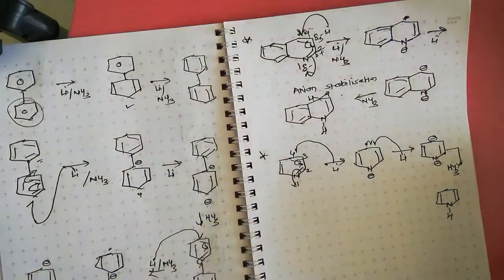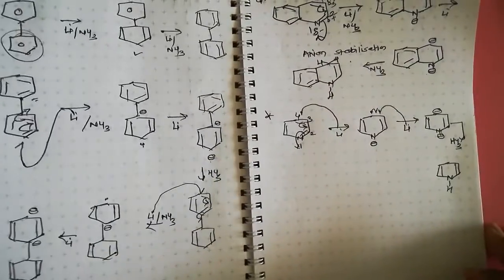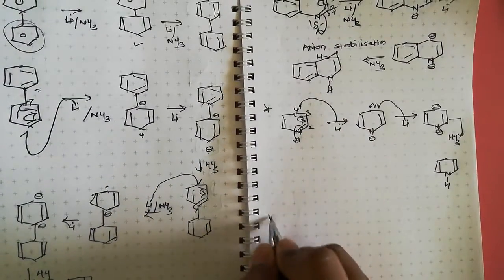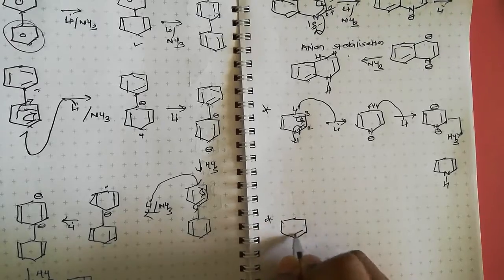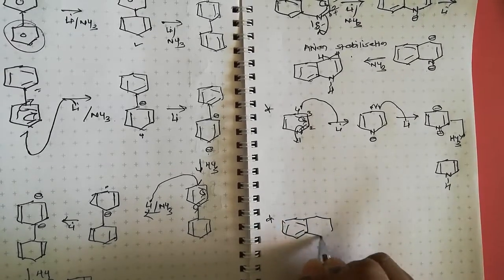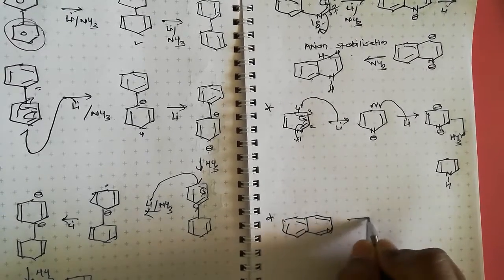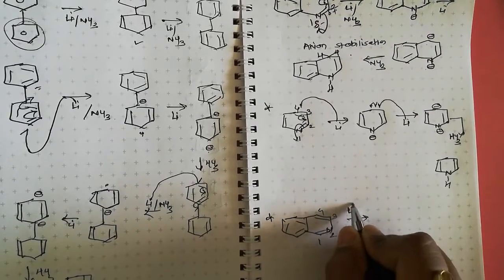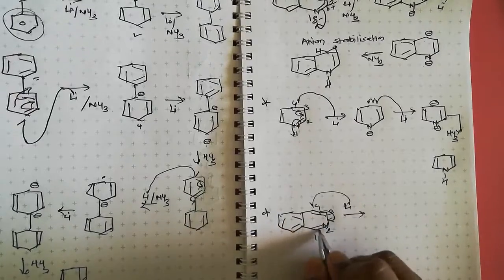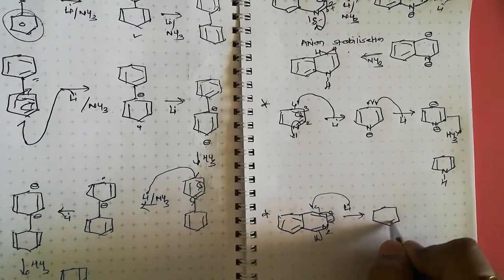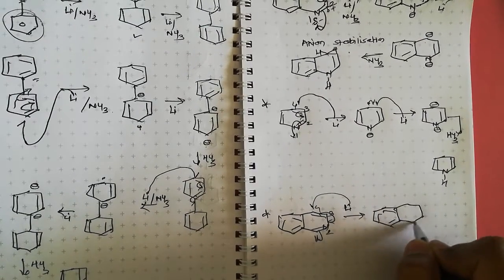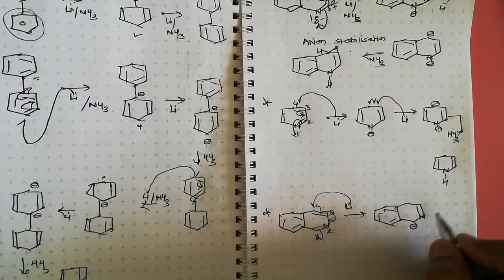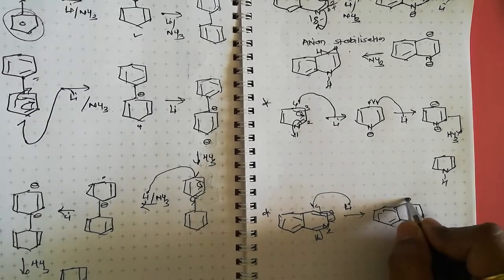Now we can see the next example. If there is an isoquinoline which undergoes Birch reduction, what is the product? Here also 1,4 addition of electron takes place. Here electron transfer occurs, a negative charge is formed, and we get a double bond and an electron here.